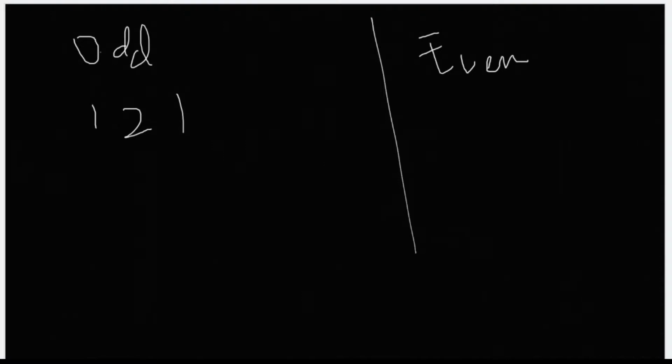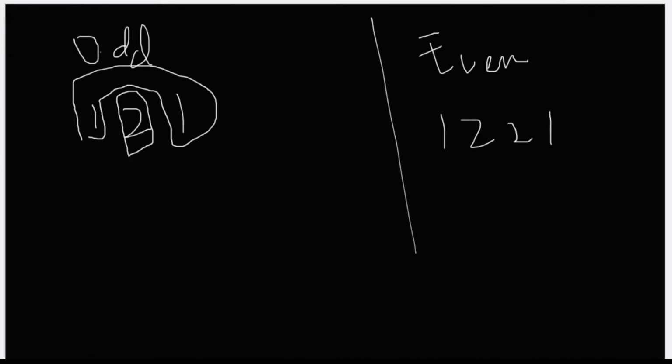What I observe here is that I have this digit 2 that occurs only one time, and I have 1 here which forms a pair, occurring twice. And in an even length palindrome, such as 1, 2, 2, 1, all the digits are repeating. So 1 and 2 both are forming a pair. They are present an even number of times.